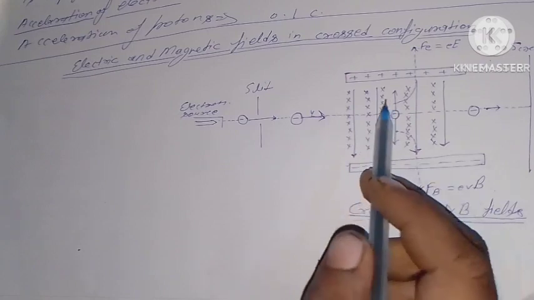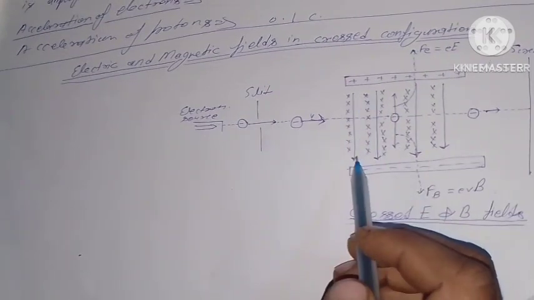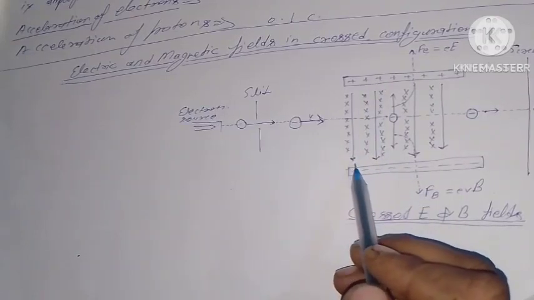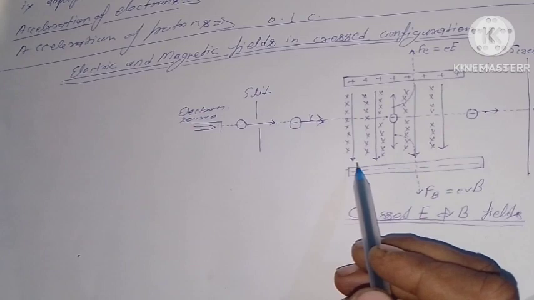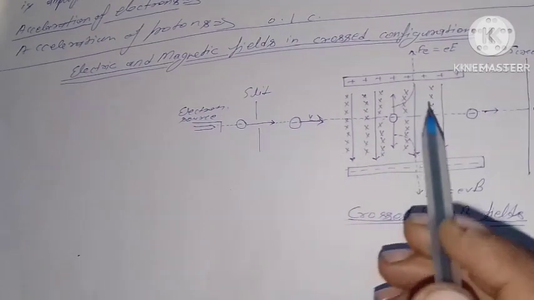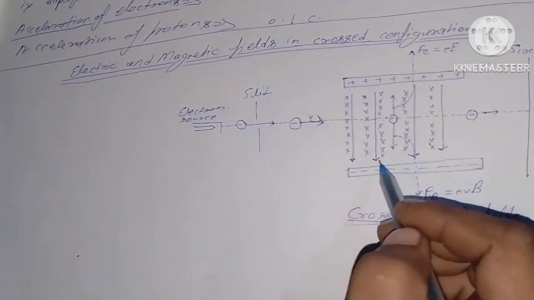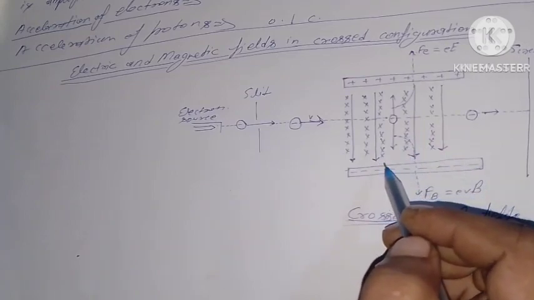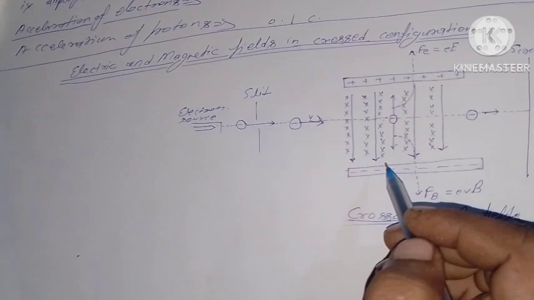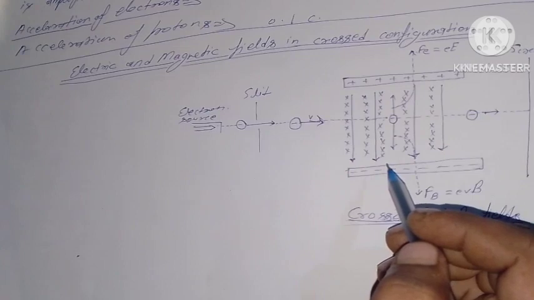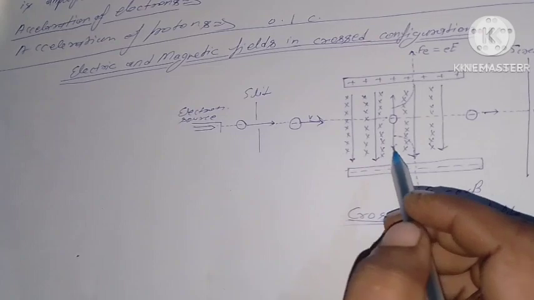When charged, they set up a uniform electric field E in the y direction, and a uniform magnetic field B is also set up in the same region between the plates in the z direction.